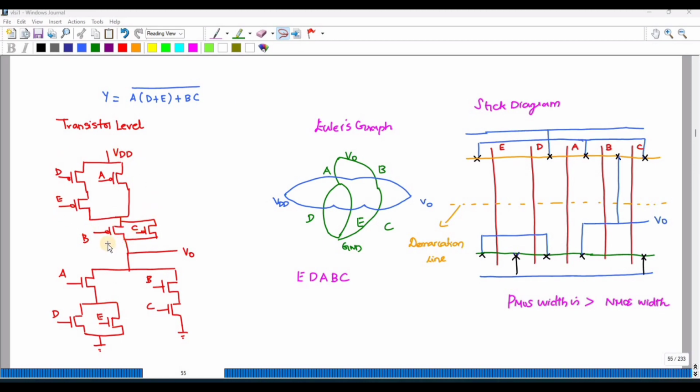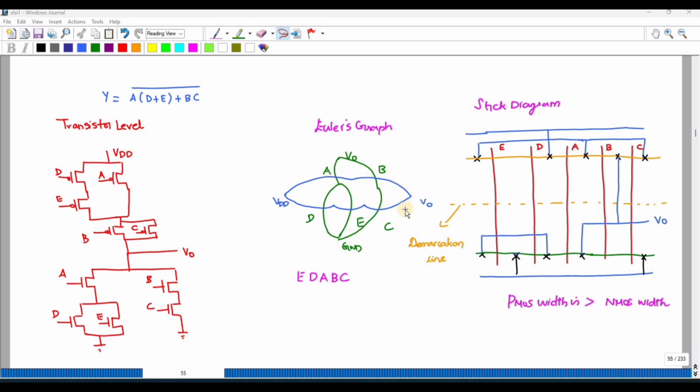Next we have to draw the Euler graph in order to plot the stick diagram. For NMOS I have drawn it in green color and for PMOS I have drawn it in blue color. The vertical portion implies NMOS and the horizontal portion implies PMOS.